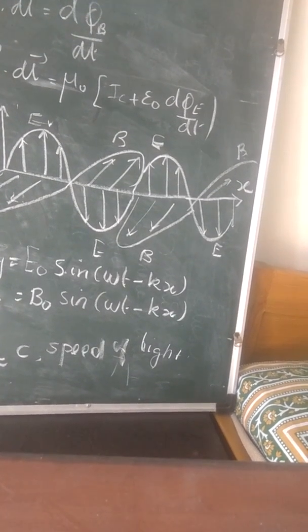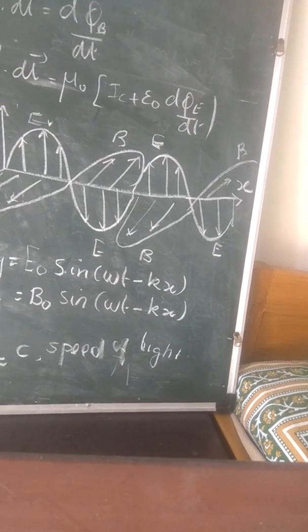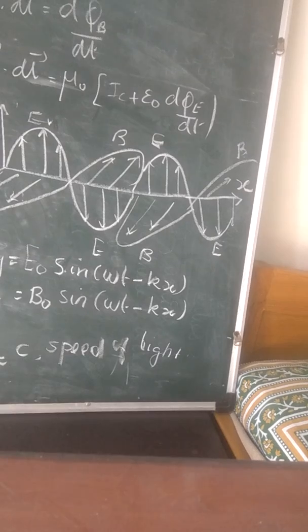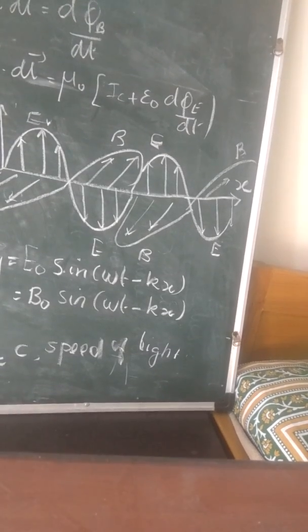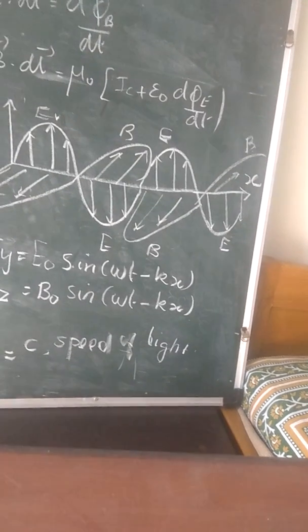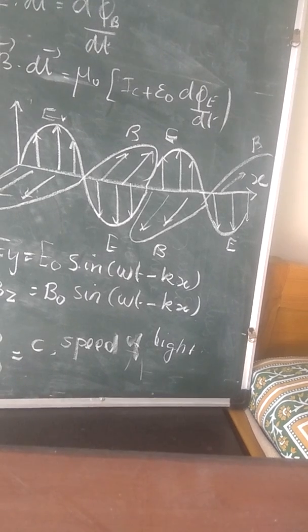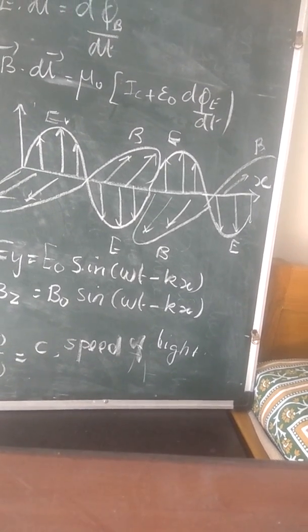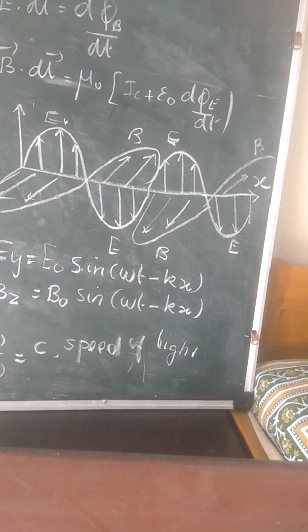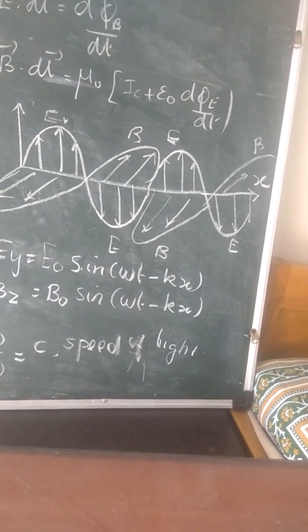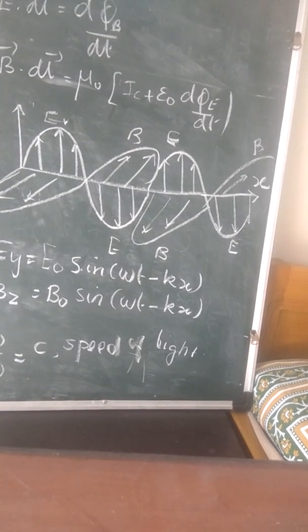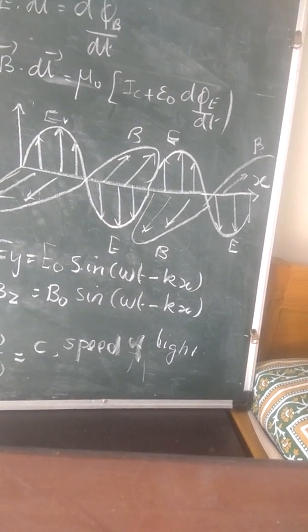So accelerated charge produces a wave, and that can propagate through space as coupled electric and magnetic fields. They oscillate perpendicular to each other and also perpendicular to the direction of propagation of the wave.